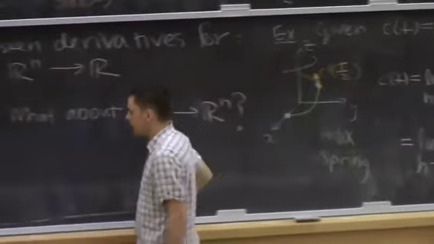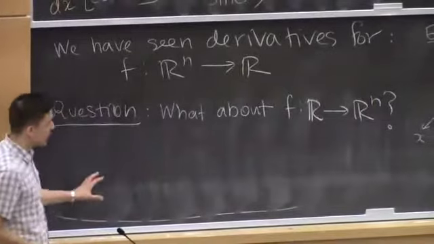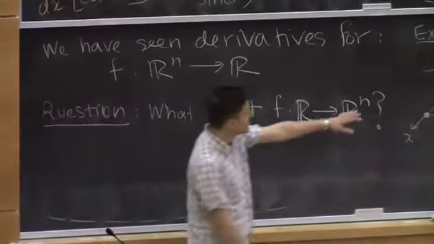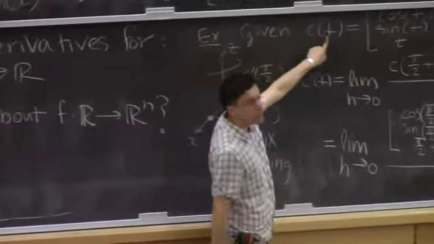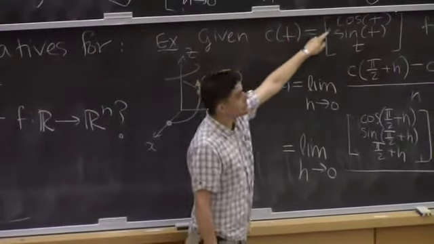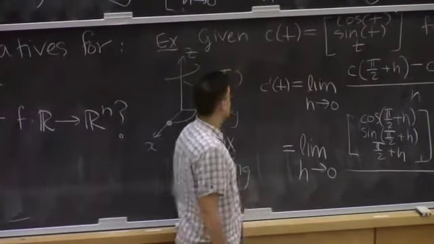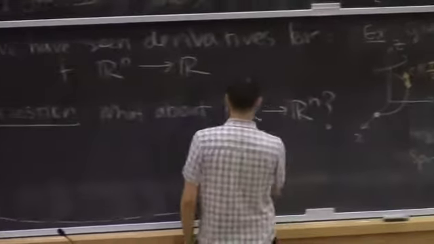Here our function has one input. C of t has one input, t, and it has three outputs.